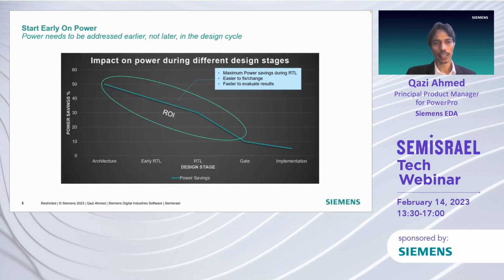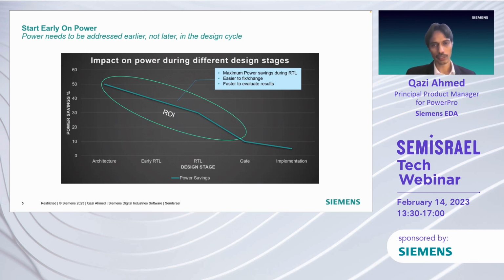Having talked about why power is so important, let's check out where power is impacted the most. In a typical design cycle, power is most significantly impacted at the early RTL stage or the architectural stage. This is the stage where you will have the most power savings when you make changes to save power.